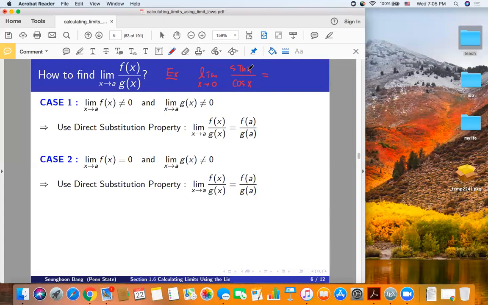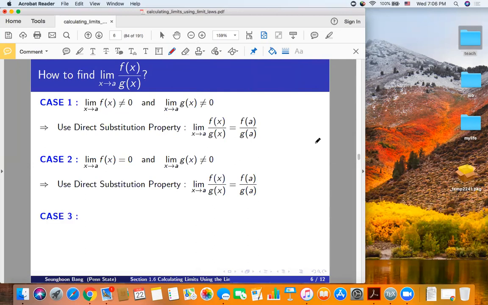So what happens? You plug 0 into sine and cosine. Sine of 0 is 0 and cosine of 0 is 1, so it is 0 over 1, which is 0. So that's it, this is the final answer. Exactly the second case.